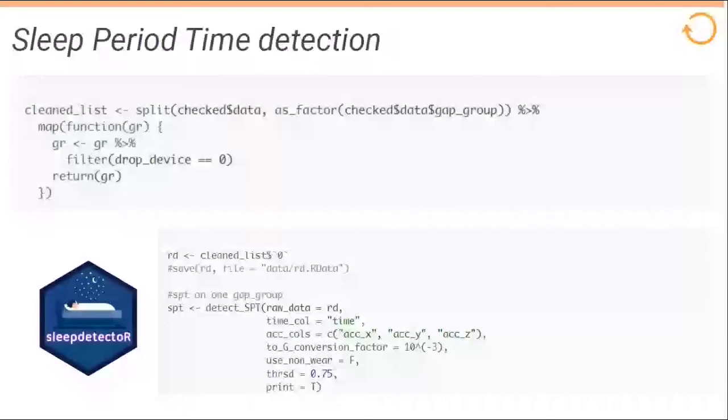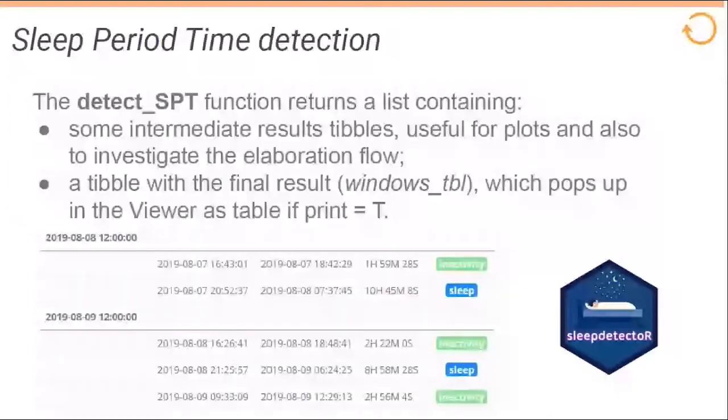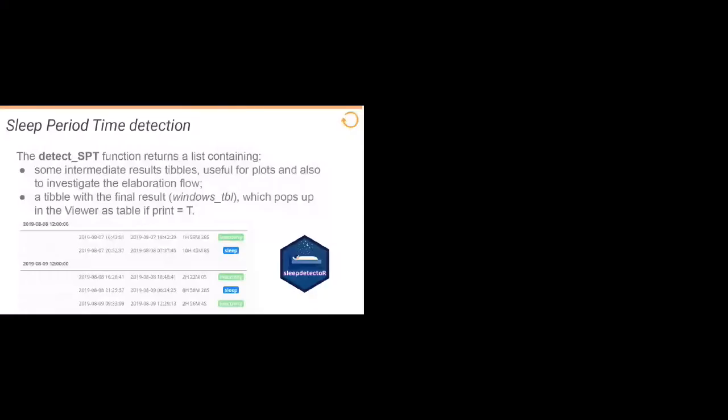The detect SPT function returns a list of 4 tables. The first 3 tables are intermediate results tables that are useful to understand what happened during the elaboration process, and maybe they are also useful to make different kinds of plot.